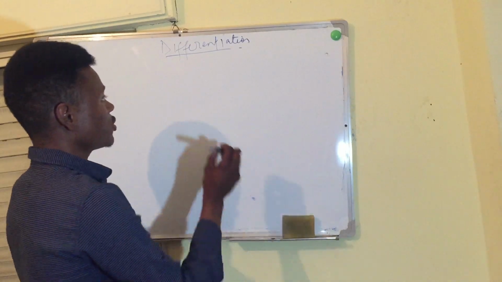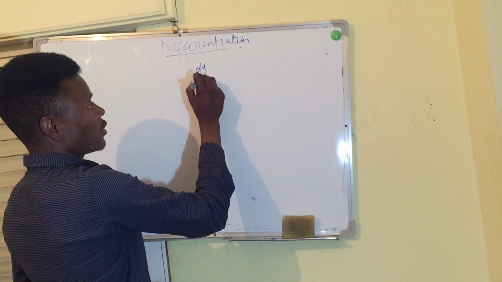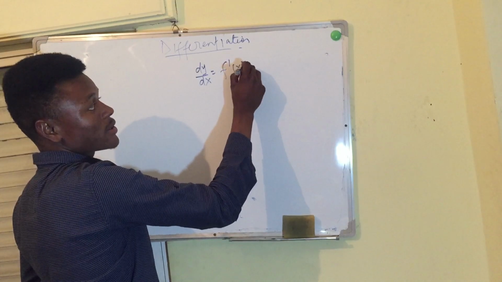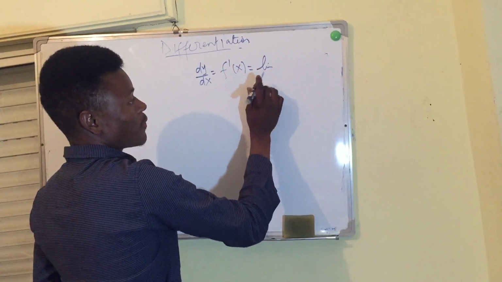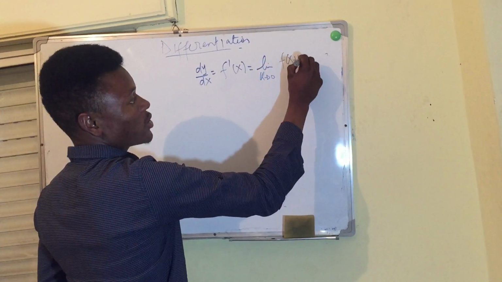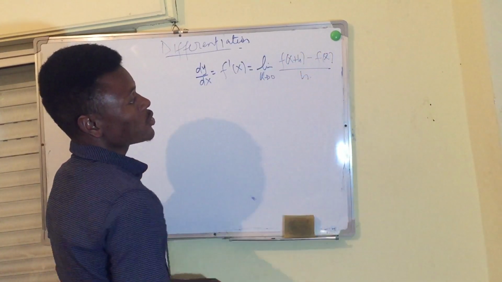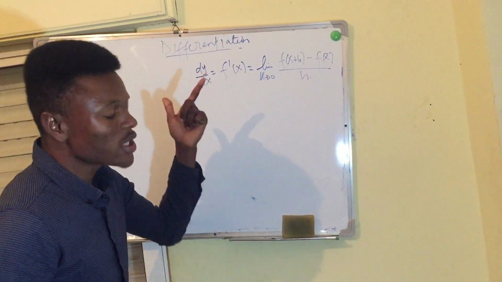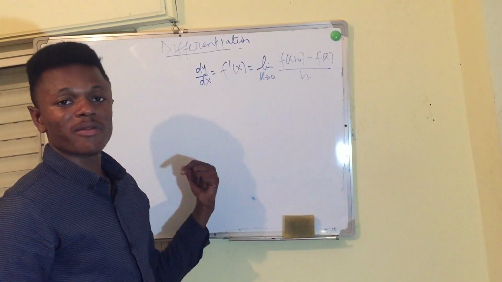So rule ɗin shi ne idan muna son mu gano dy dx na wani function, let me say dy dx or f prime of x, for example, and chase a limit as h goes to 0, f of x plus h minus f of x divided by h. So this is the first principle in differentiation. So za mu yi amfani da ita kawai an samu shi ne derivative na function ɗin.